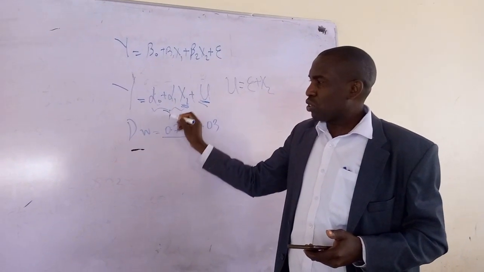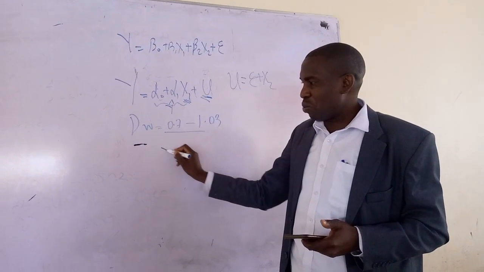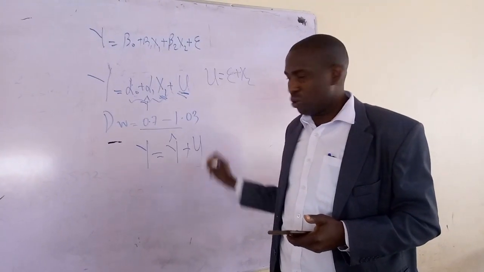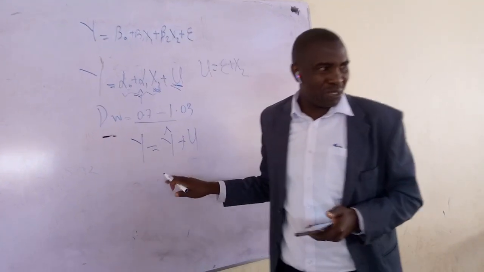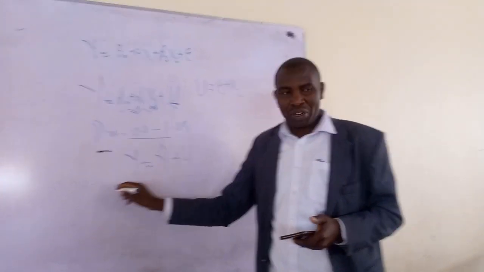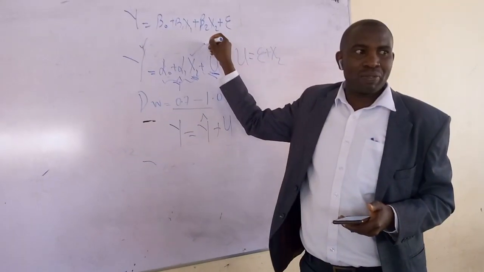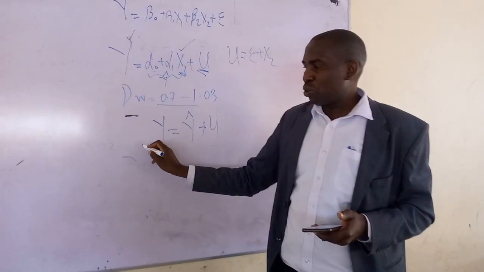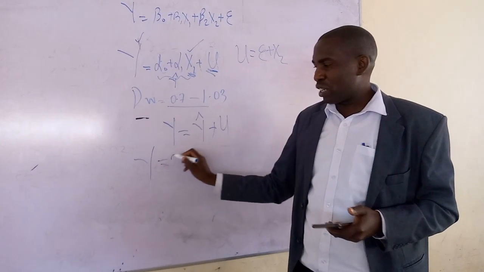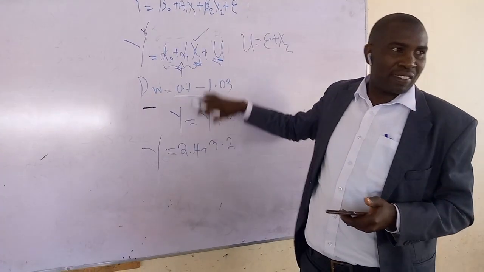So what you will do is get the estimated y. Remember we agreed that y is equal to y hat plus u. This is now the estimated y, and everyone knows how we get this. Once you have your model, y equals, assuming you had y and x, and you get something like 2.4 plus 3.2x, you can get y hat. I believe everyone knows how to get y hat.